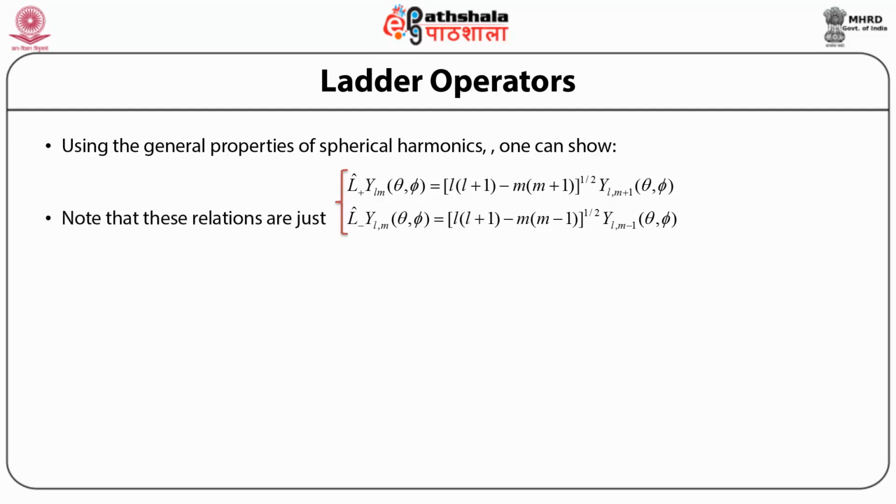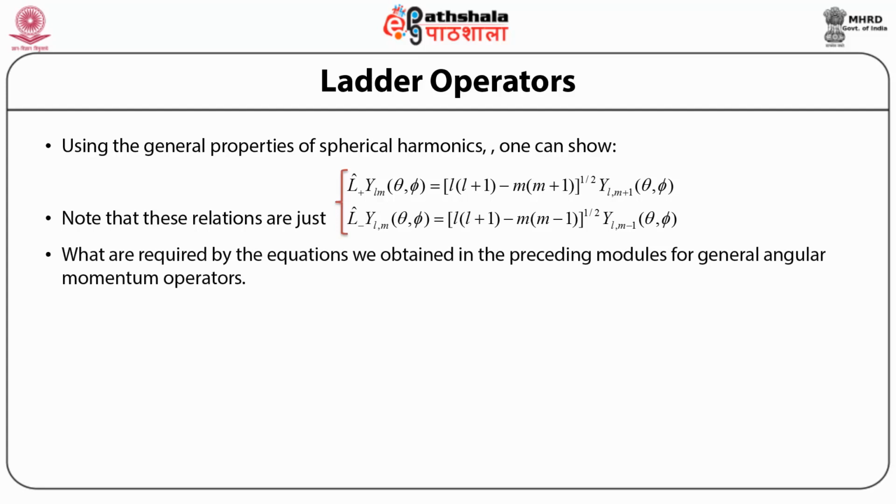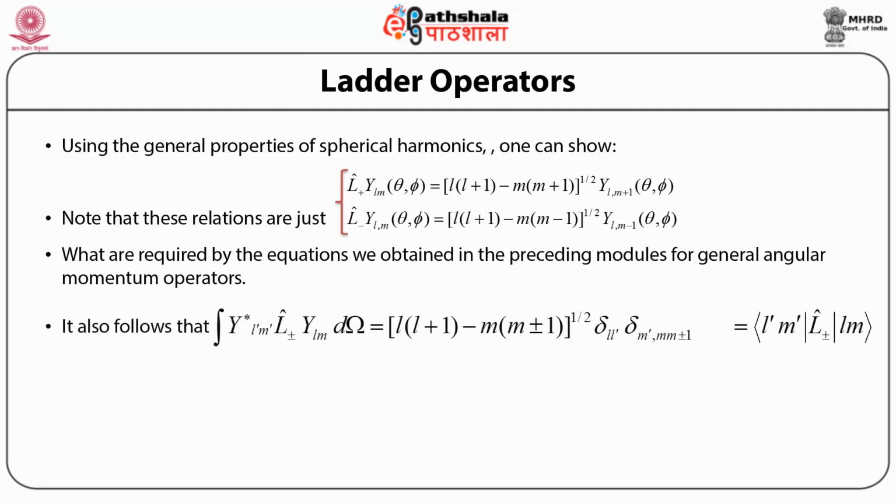Note that these relations are just what are required by the equations we obtained in the preceding modules for general angular momentum operators. It also follows that the integral of Y*_l'm' L± Y_lm dΩ is equal to the square root of [l(l+1) − m(m±1)] times δ_ll' δ_m',m±1.